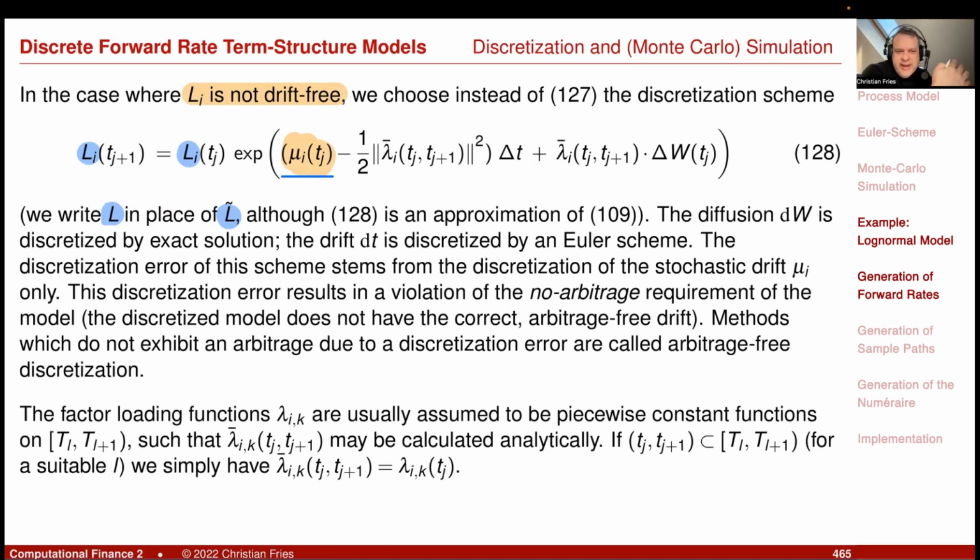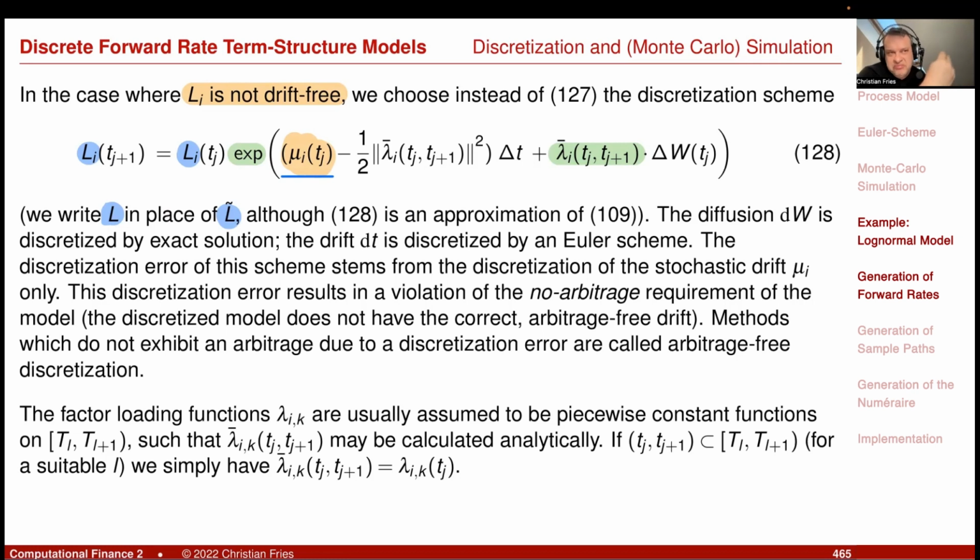So we could try to replace our coefficient lambda with some averaged coefficient, averaged over that time step, to create a more accurate time discretization. And we could move to an alternative coordinate, such that our forward rate is the exponential of that coordinate, to also reduce the time discretization error.